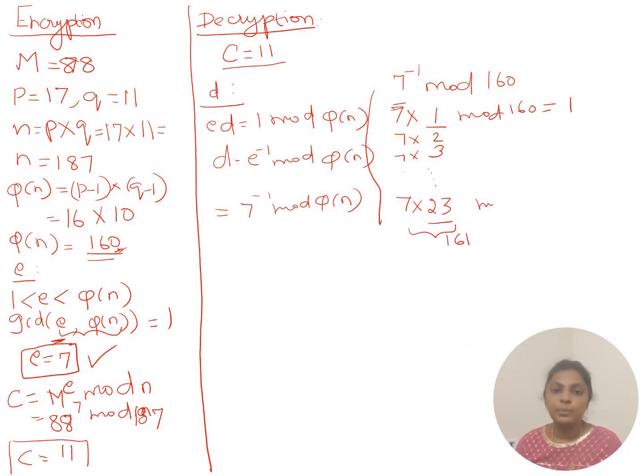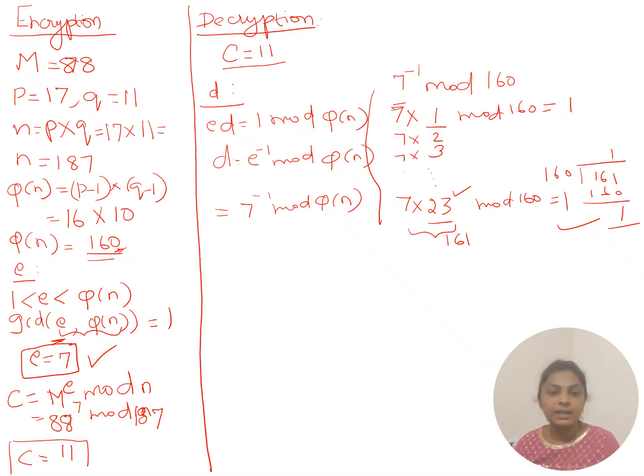So 161 mod 160, we dividing 161 by 160, the remainder is 1. So 23 is my D value. We just got the decryption key, that is 23. Now we can perform the decryption using the formula. The output of decryption is the original message.